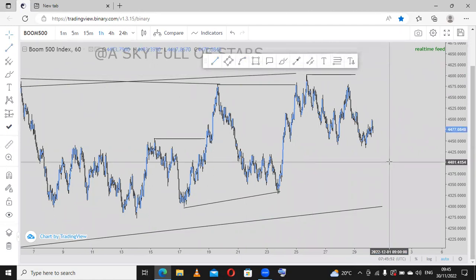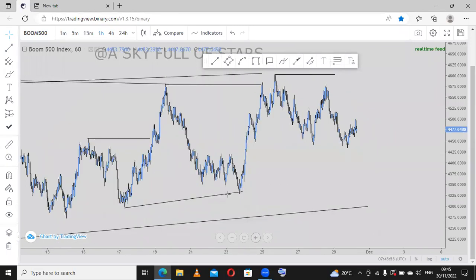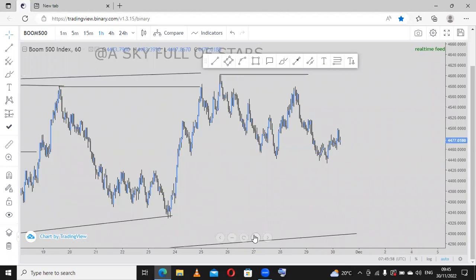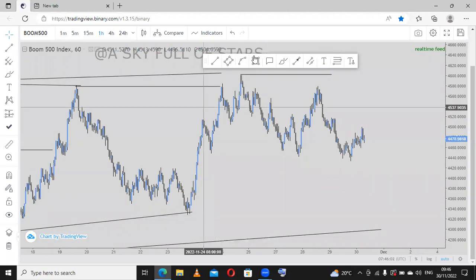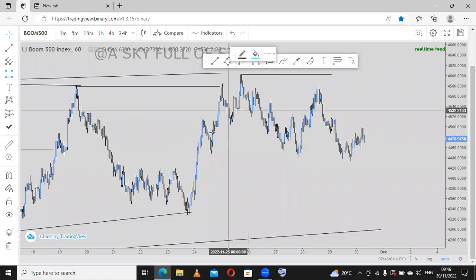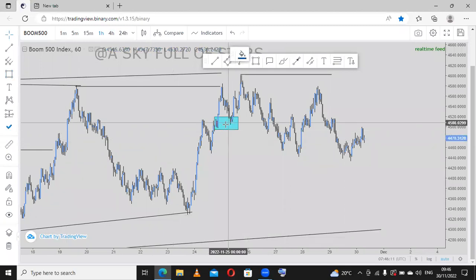Okay. So now let's look for the traps and eliminate them so we can look to buy. In this case, I want to buy. Okay. So what do we have here? We have this mitigated block, which becomes nothing because it's mitigated.